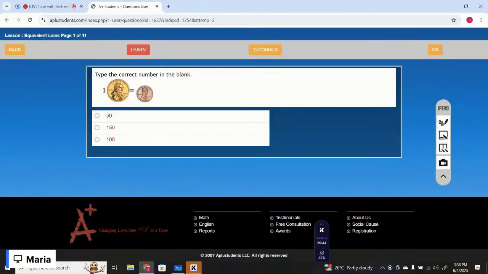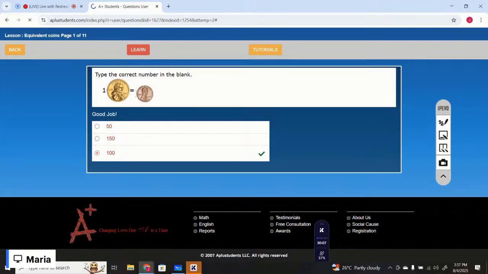Type the correct answer number in the blank. $1 equals 100 pennies because the penny is worth 1 cent. So $1 equals 100 cents.